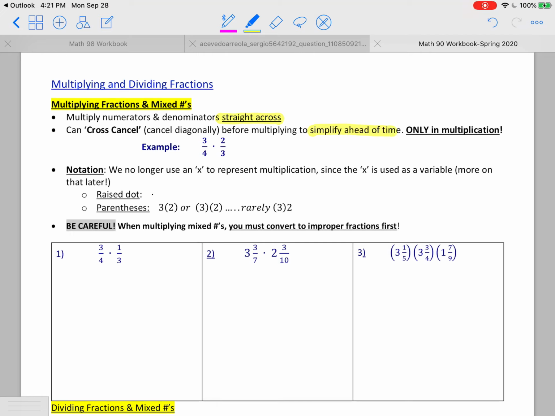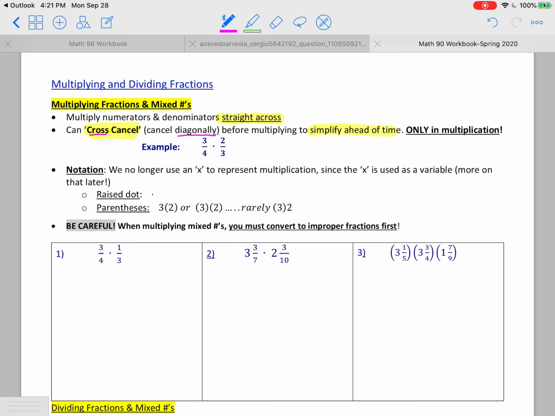One technique that we can use to simplify ahead of time is something called cross-canceling. This is a technique or tool that we can only use in multiplication. We can't use that in any other operation that we do with fractions. In essence, what we're doing here is looking diagonally.